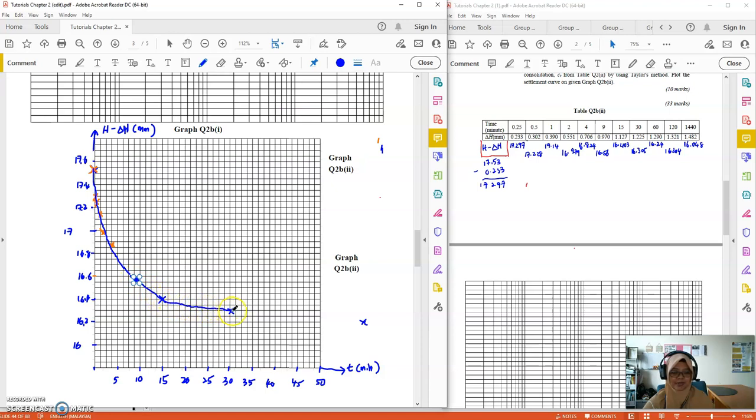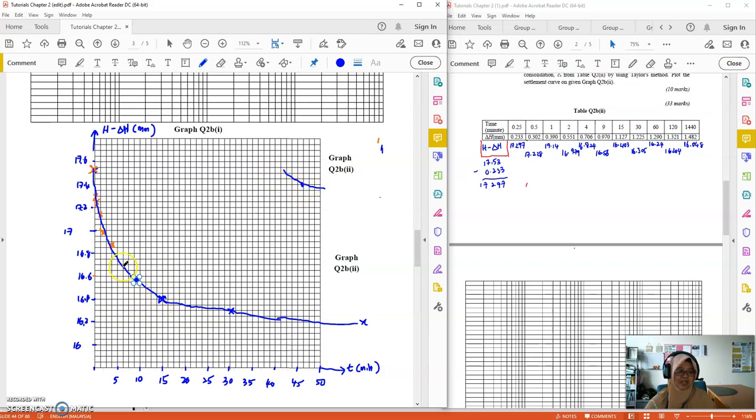Another tip, when you want to plot the graph, make sure the points that you read from the data, you do a cross, not a small point like here. When you do the curve, sometimes it cannot be seen.